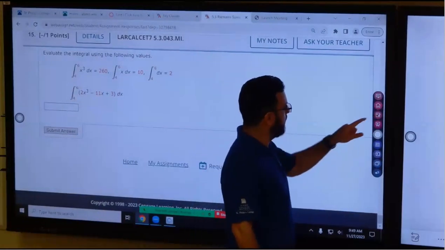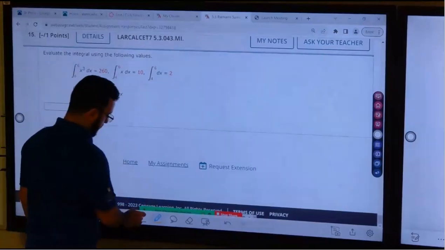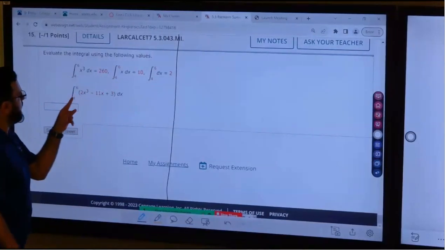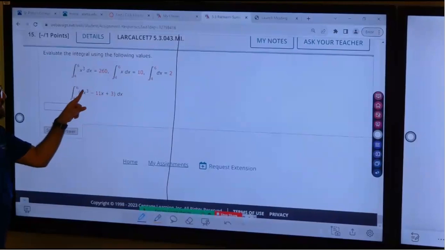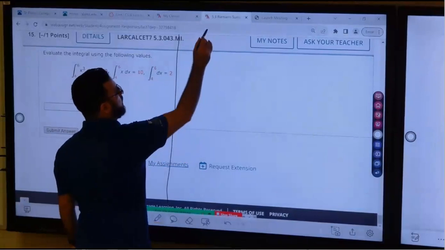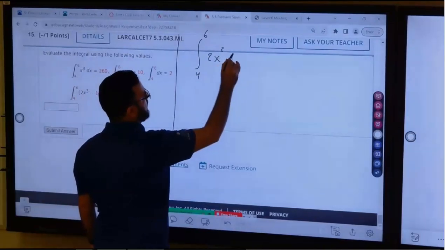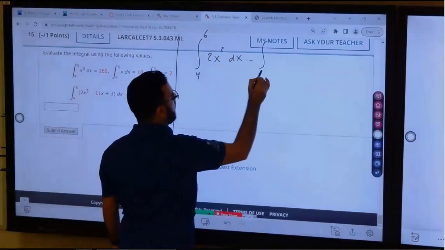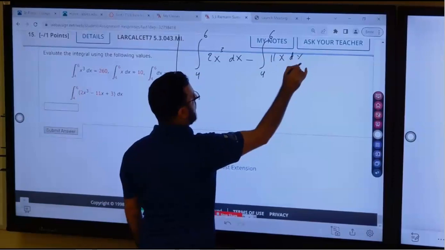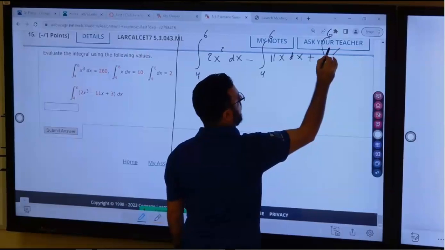And do the same thing here. So here is the information given, and they ask you to find the integral from 4 to 6 of (2x cubed minus 11x plus 3). So it is the integral from 4 to 6 of 2x cubed dx, minus the integral from 4 to 6 of 11x dx, plus the integral from 4 to 6 of 3 dx.